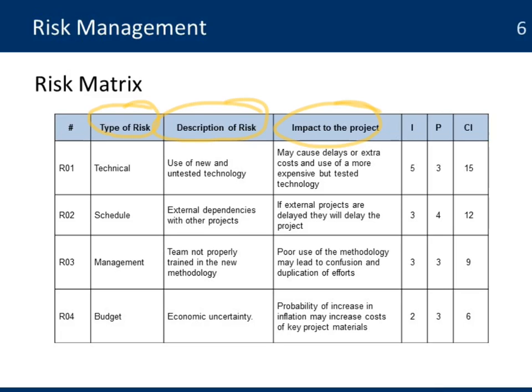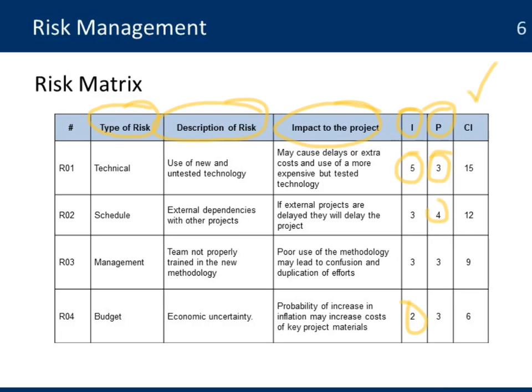On each risk, you then need to identify and start quantifying them by the impact it will have on the project. High meaning it will be 5, 2 will be low, and then the probability, how likely you think it is to happen. There is a high probability or a low probability that the risk will occur during the life of the project. So you also quantify them, you give them some values.